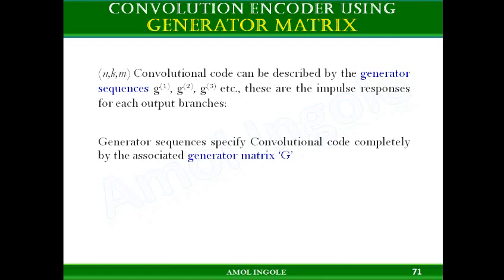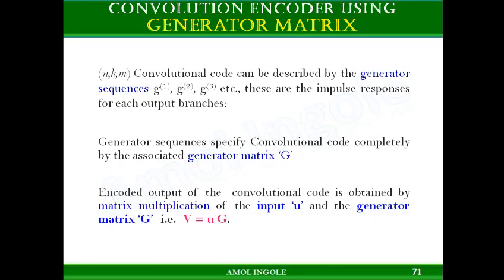Generator sequences actually specify convolution code completely by the associated generator matrix. That means we can use the generator sequence to construct a generator matrix, which actually specifies the convolution.